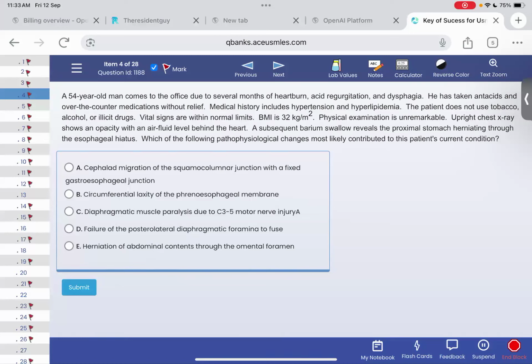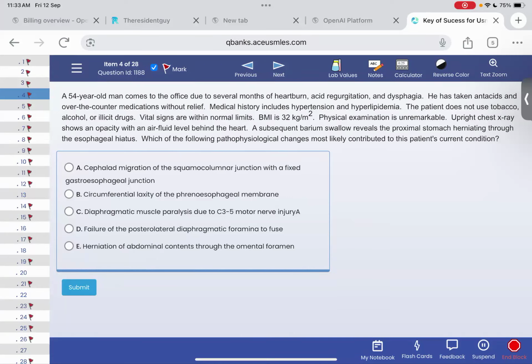Which of the following pathophysiological changes most likely contributed to this patient's current condition? A 54-year-old man comes to the office due to several months of heartburn, acid regurgitation, and dysphagia. He has taken antacids and over-the-counter medications without relief. Medical history includes hypertension and hyperlipidemia.